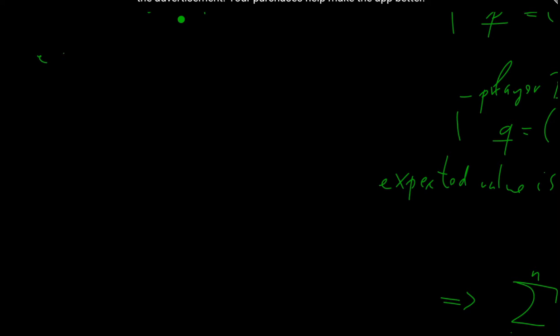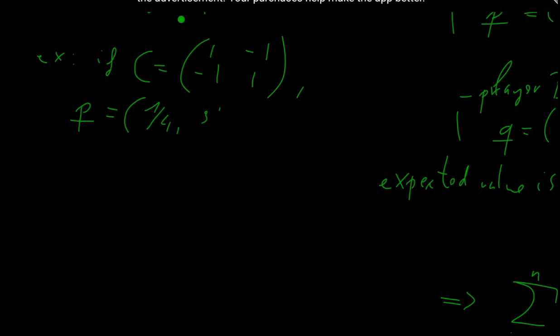So for example, if the cost matrix is 1, -1, -1, 1, and A chooses the probability vector of, say, 1/4, 3/4, it means that player A will choose the first row with a probability of 1/4 and row 2 with a probability of 3/4.